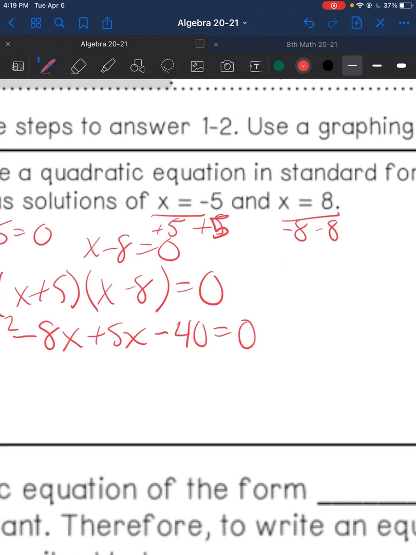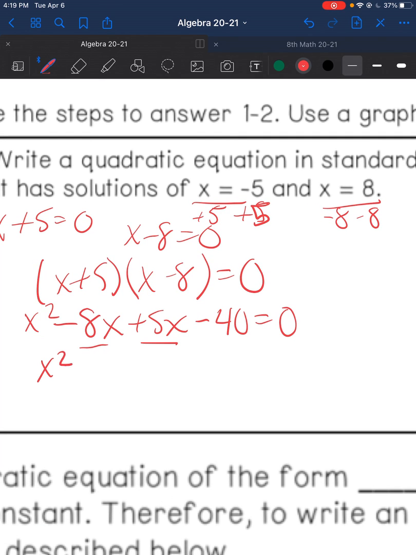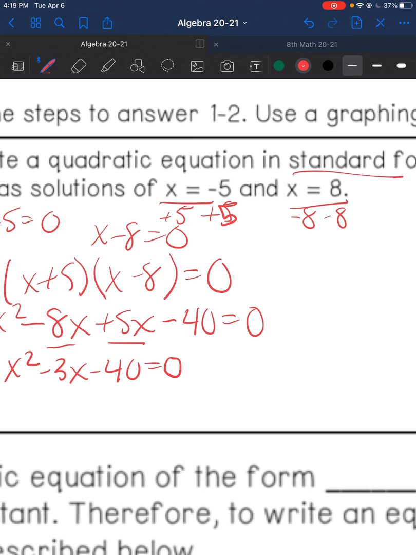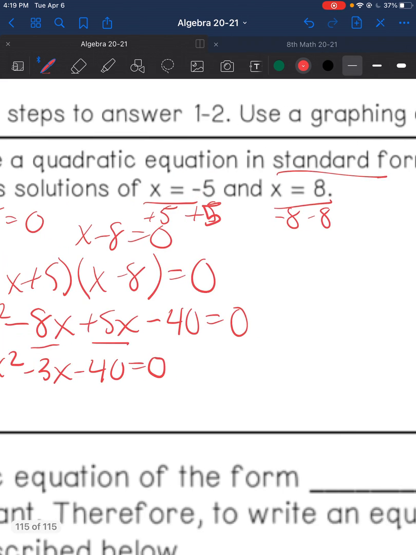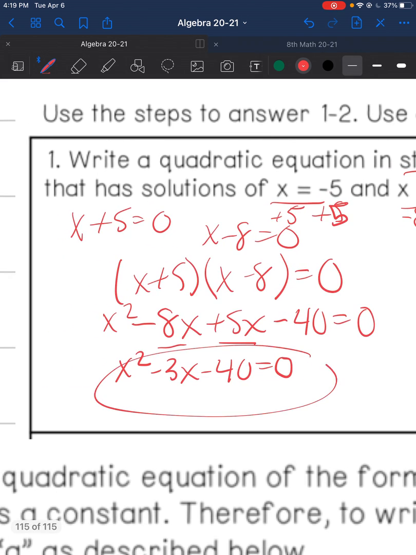Okay, now we need to simplify these like terms. X squared minus 3x minus 40 equals 0. If we're writing it as an equation, instead of writing 0, we would write y, or f of x. But it's just wanting it in standard form, so we can leave it as that. So that is our answer.